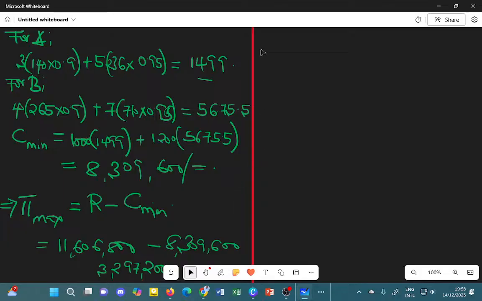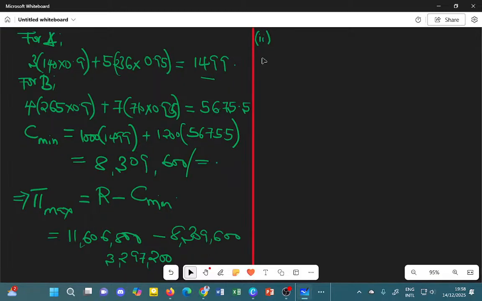And then there's a part asking us to get the expected minimum profit. That is part 2. So here we will get the unit costs.